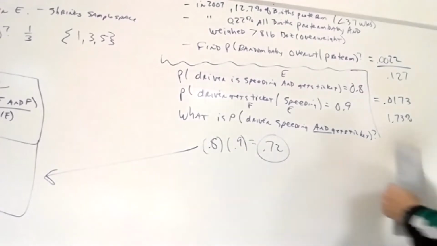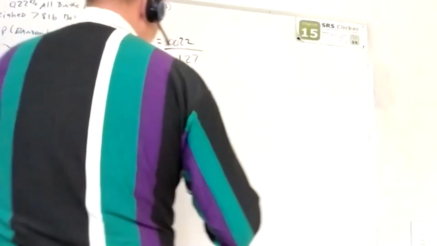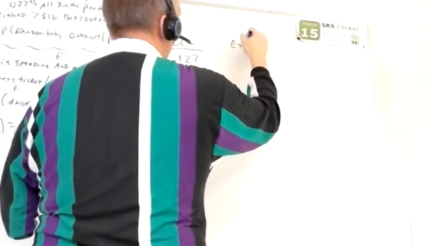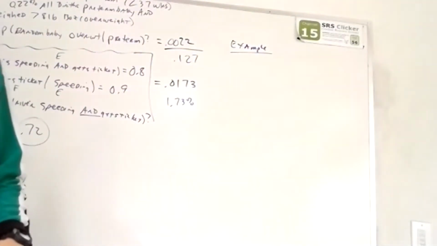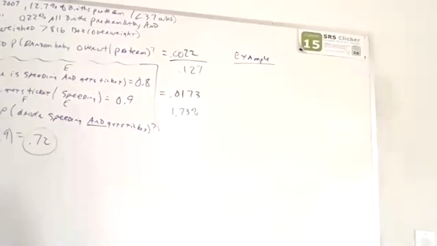Okay, let's do another example. It seems really bright today. I don't know why. The video looks really bright. Maybe it's because you're wearing a darker shirt than normal today, just the contrast.